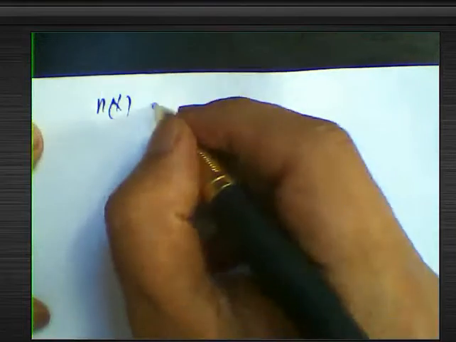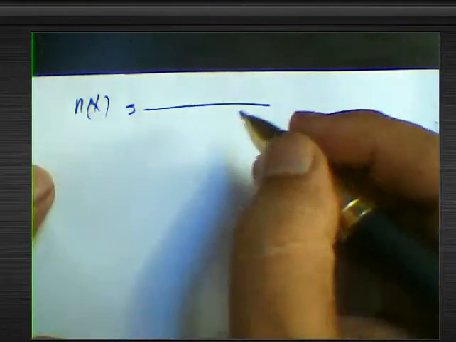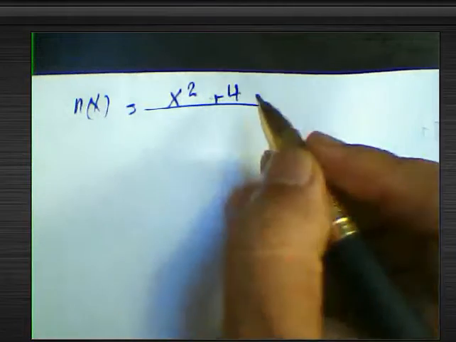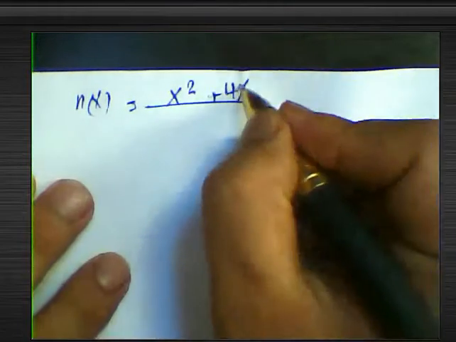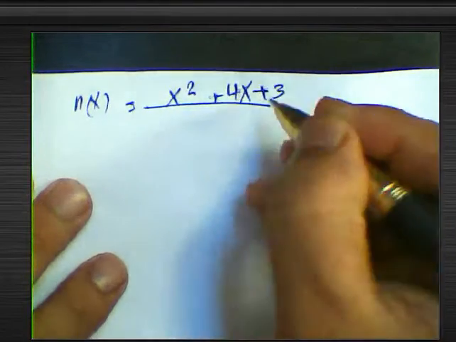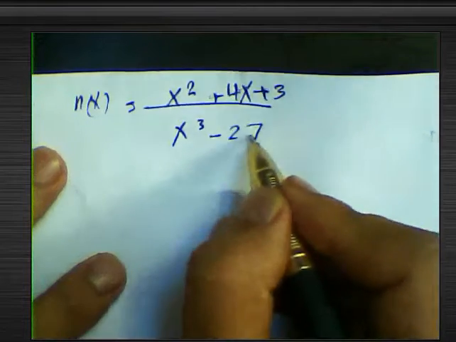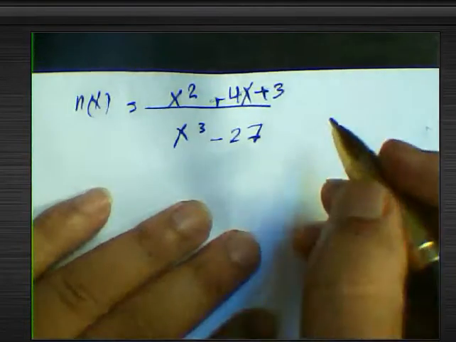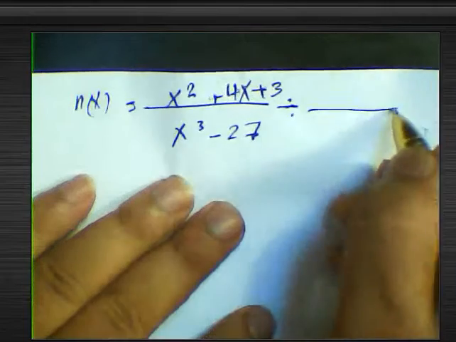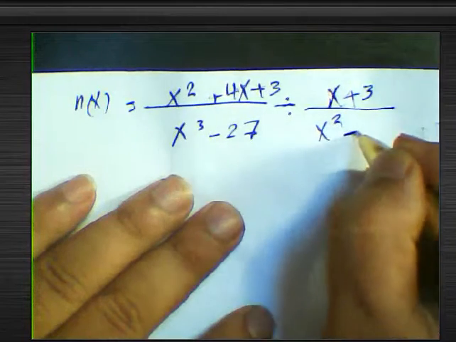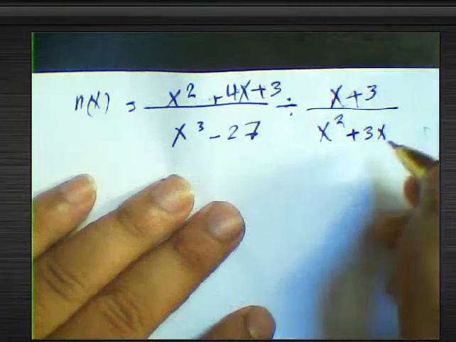Okay, we can solve this function n of x equals x² + 4x + 3 over x³ − 27 divided by x + 3 over x² + 3x + 9.